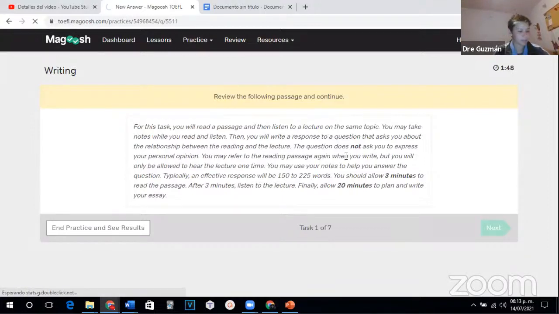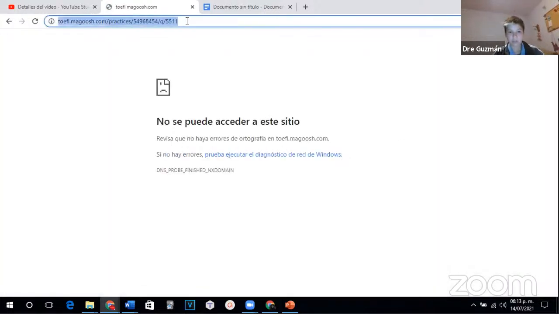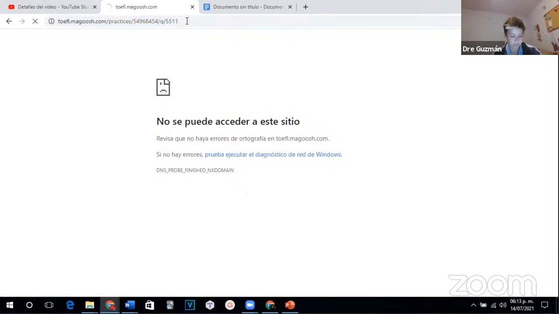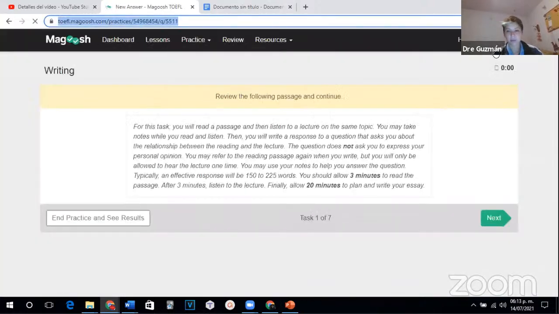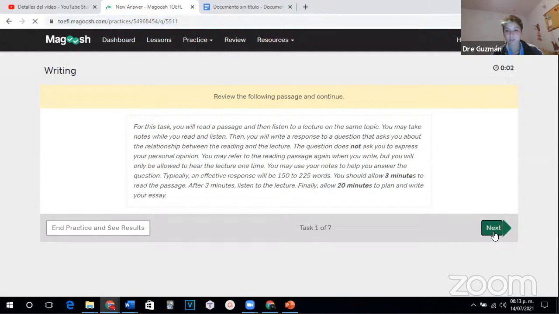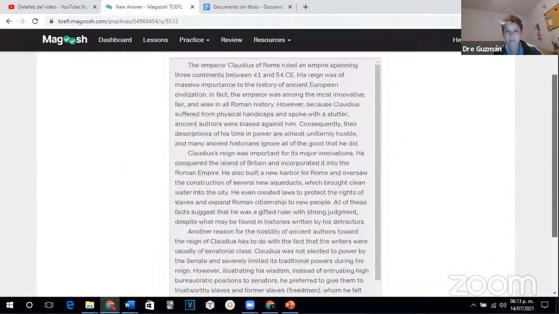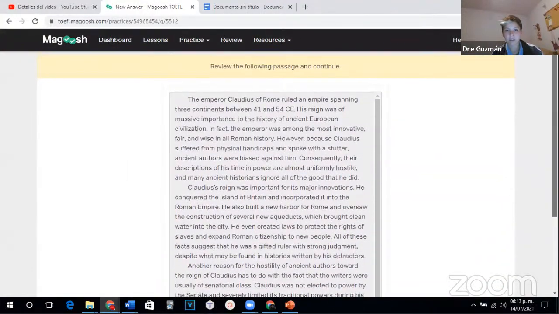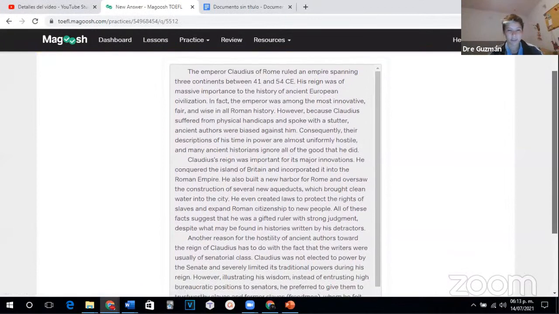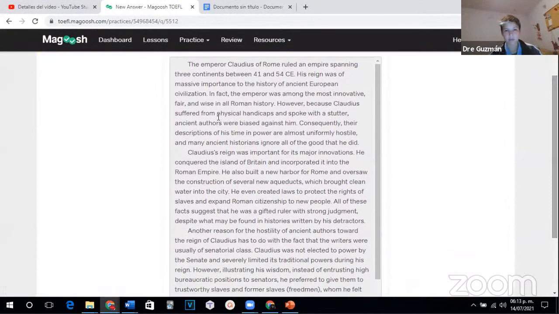So vamos a empezar con la lectura. Les voy a poner el timer en mi celular. There we go. Ok, vamos a bajar. Me van a decir cuando quieran que vaya scrolling down so you can read the rest of the text, okay?